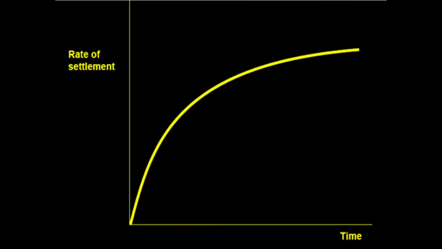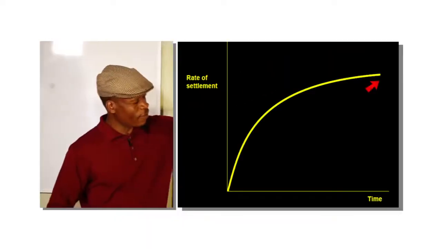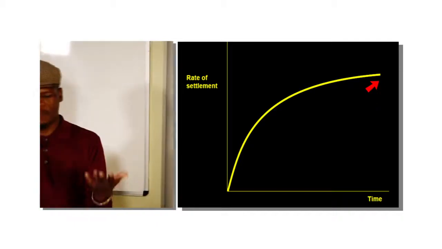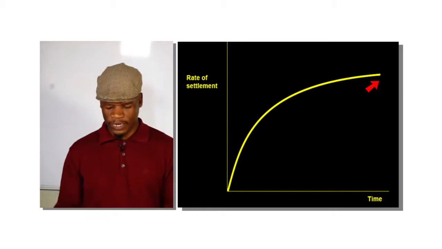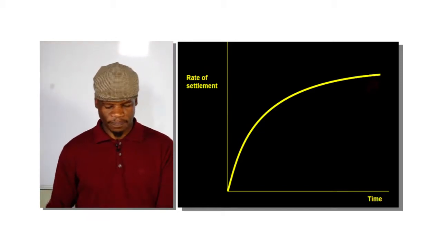Then, in terms of the rate of settlement and the time that it takes place, mostly after you build your structure, the settlement rate is going to be very high. But as the years go on, it's going to curve and then become normal. That means it's no longer going to settle that much going down. Then it's going to reach its standard settlement.